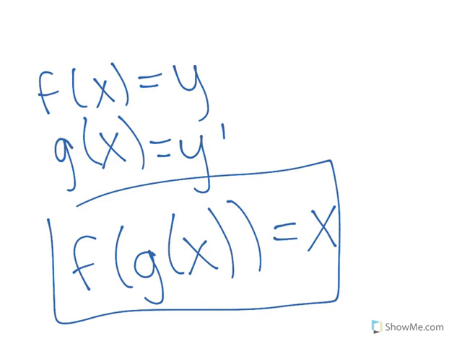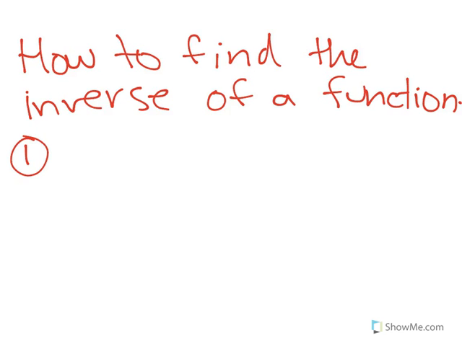Now, there are multiple ways of finding it. You can either do it using the basic definition, which is a little bit difficult because it's really hard to find exactly g of x. So there's another way of doing it. To find the inverse of a function, what you have to do first is to flip x and y.